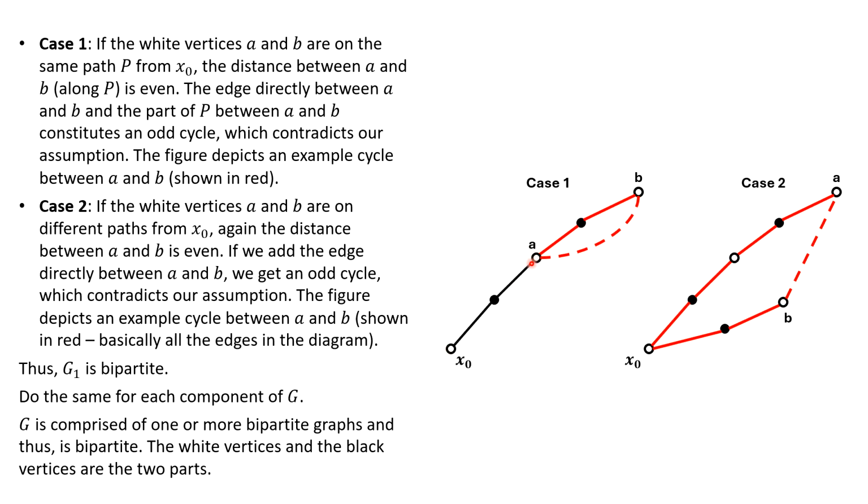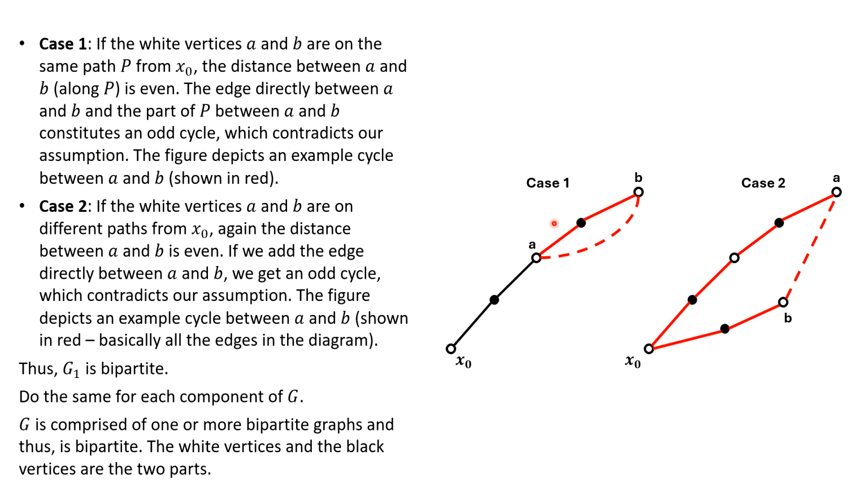Then the distance between A and B is also even. The edge directly between A and B and the part of P between A and B, this here, constitutes an odd cycle, which contradicts our assumption.